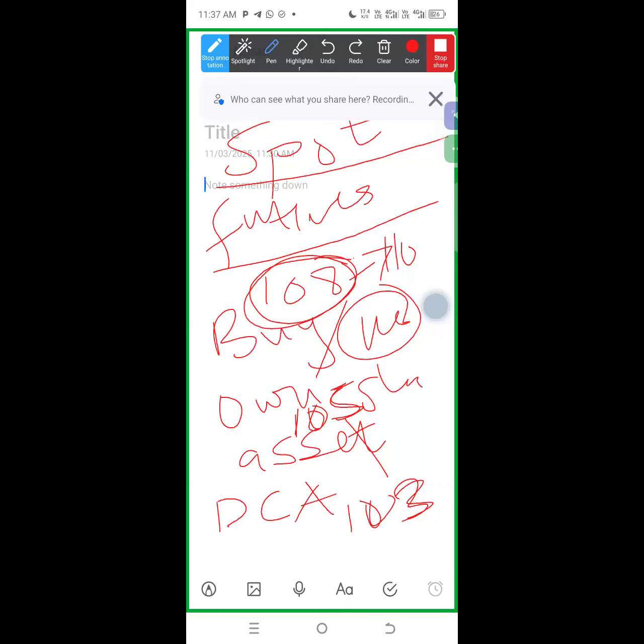Now, in the application of dollar cost averaging, that is DCA. So whenever you see DCA, that is dollar cost averaging. That is buying the asset at a reduced price. So while the price keeps going down, the trader sees the opportunity to buy more in addition.